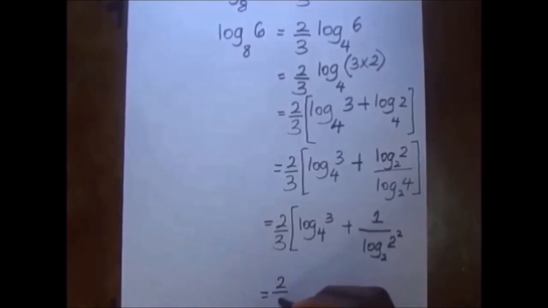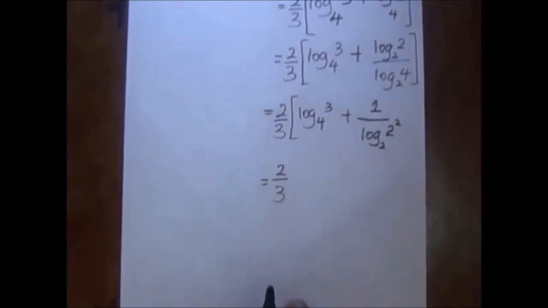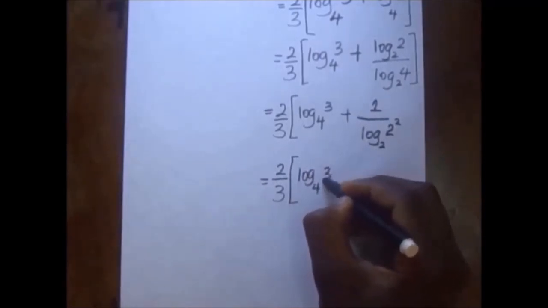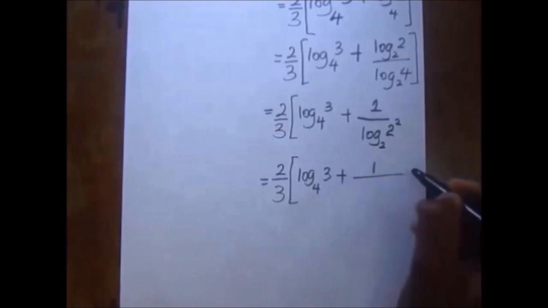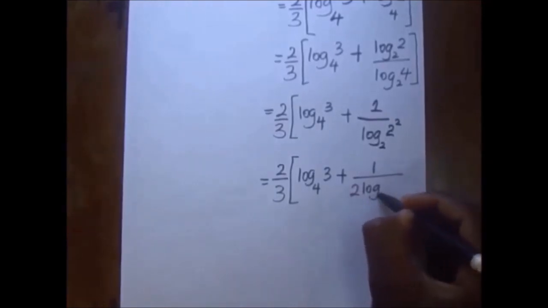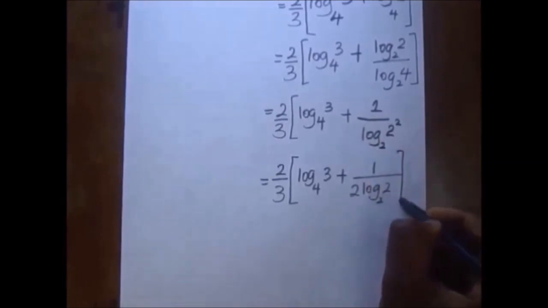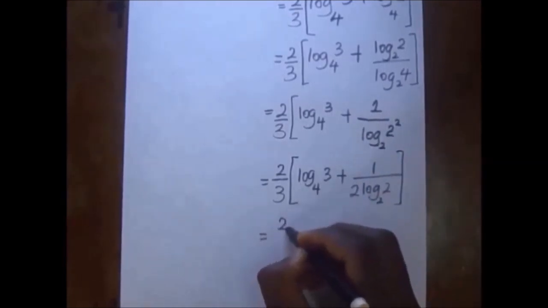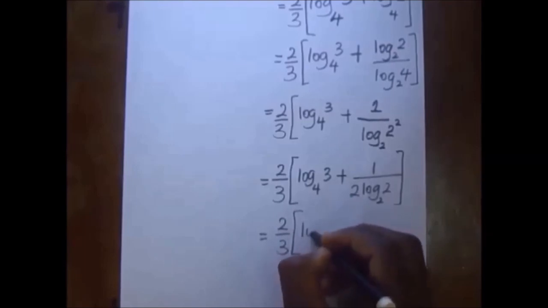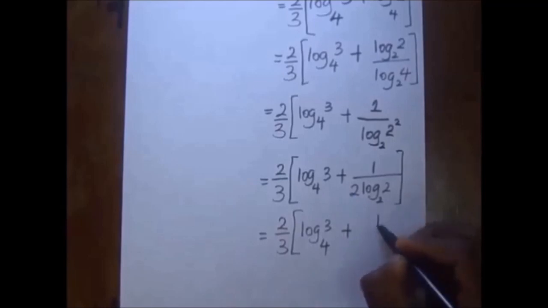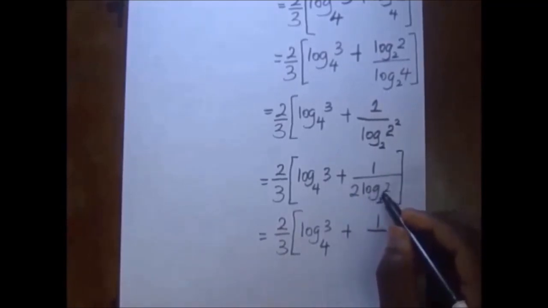It's the same as saying 2 over 3 into the log of 3 base 4 plus 1 over 2 log of 2 base 2. This 2 comes there from our laws of logarithms. So this becomes 2 over 3 into log of 3 base 4 plus 1 over, this is log of 2 base 2 is 1, so 1 times 2 is 2, it's a half.